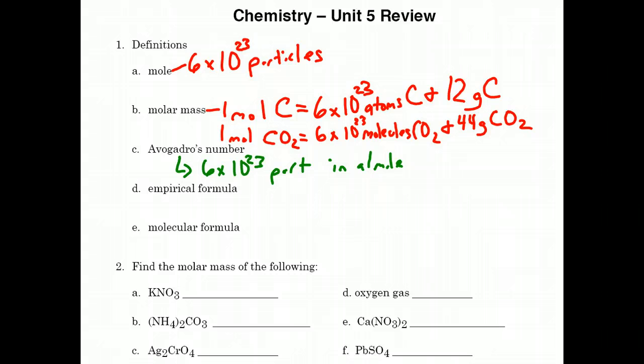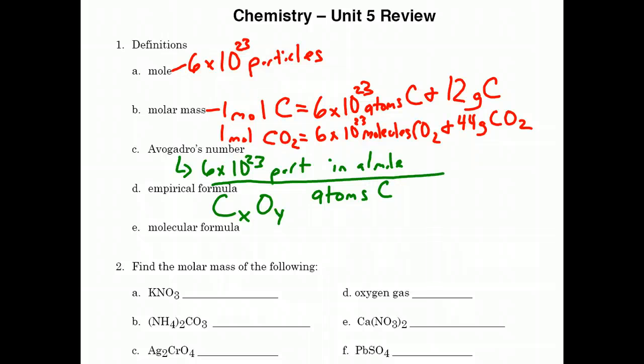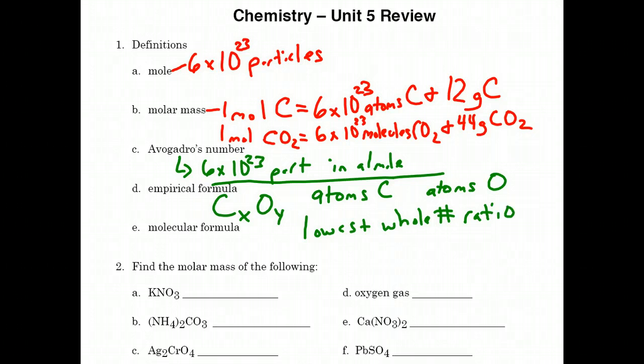The empirical formula is when we have a substance that is CxOy, and it is the atoms of some substance, let's say in this case carbon, and how that relates to the atoms of oxygen in the lowest whole number ratio. Okay, and this also could be thought of as not just atoms of carbon to atoms of oxygen, but the moles of carbon to the moles of oxygen.